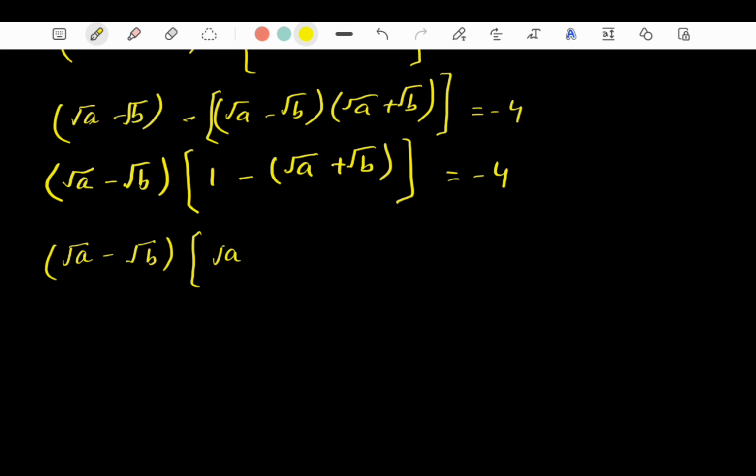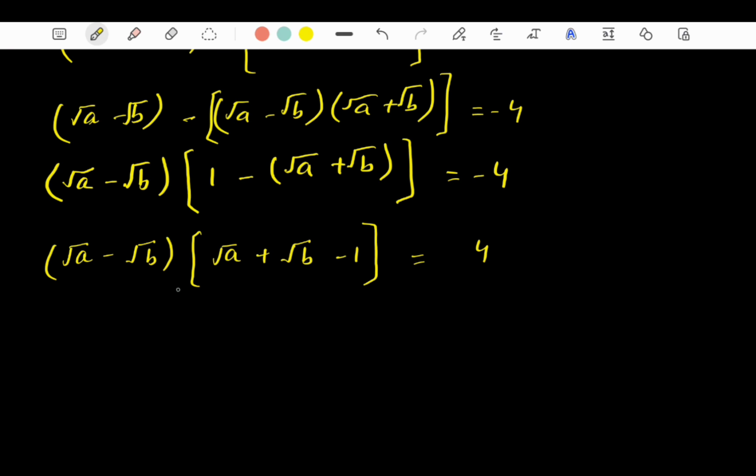So square root of a minus square root of b into square root of a plus square root of b minus 1 is equal to minus 4, and the right side will become positive. This will be the final equation after multiplying by a minus symbol.